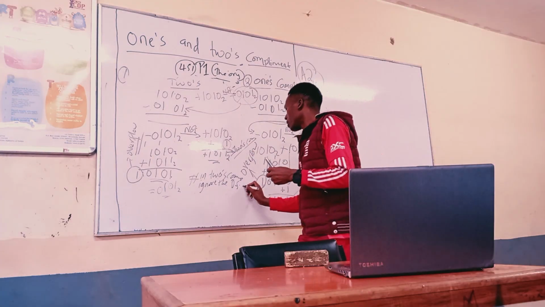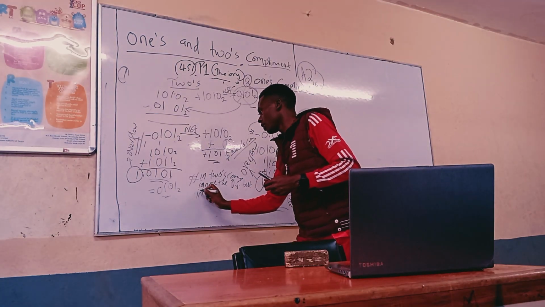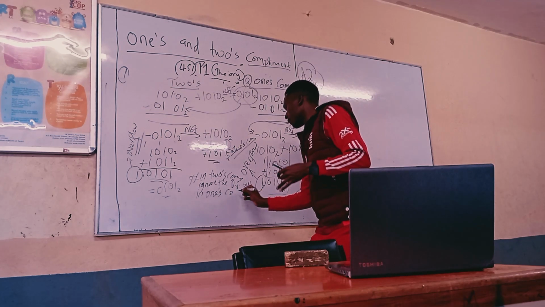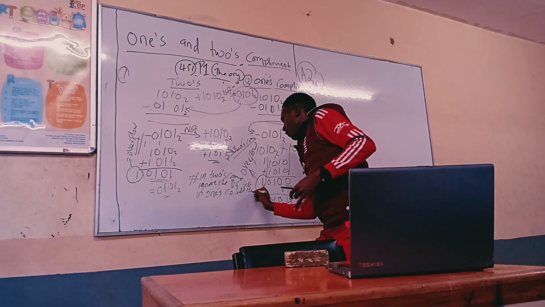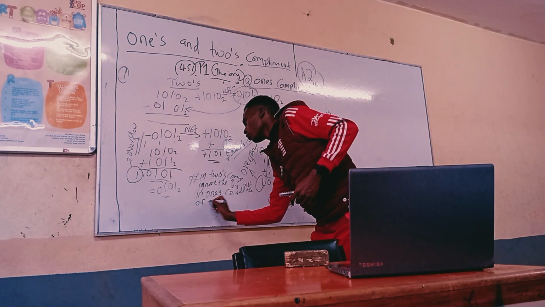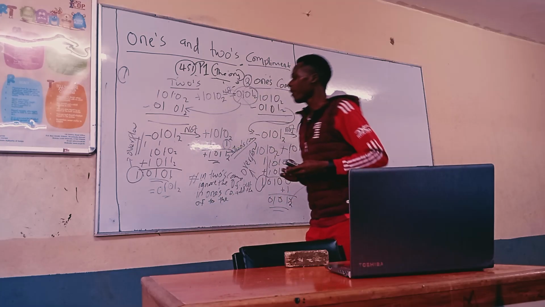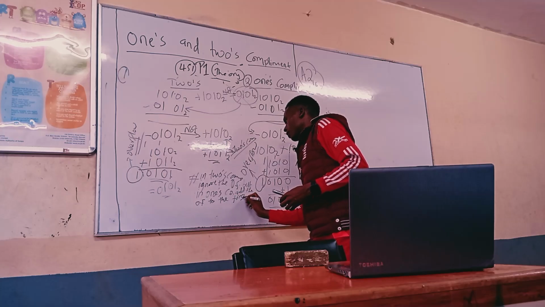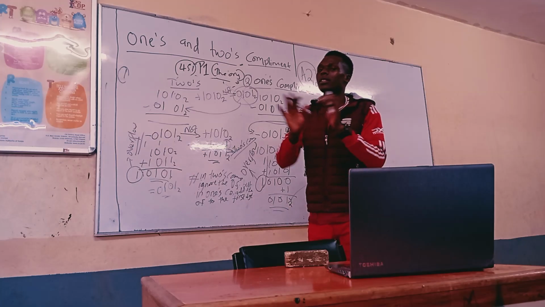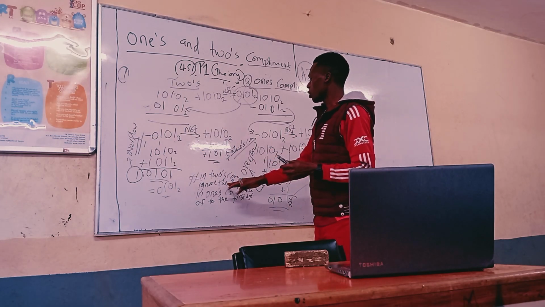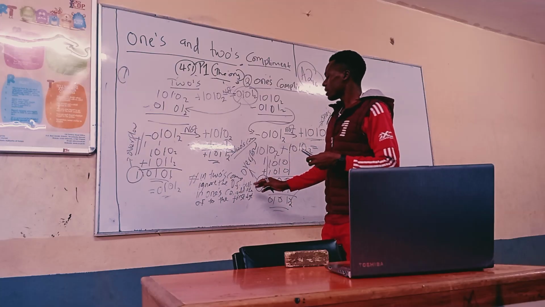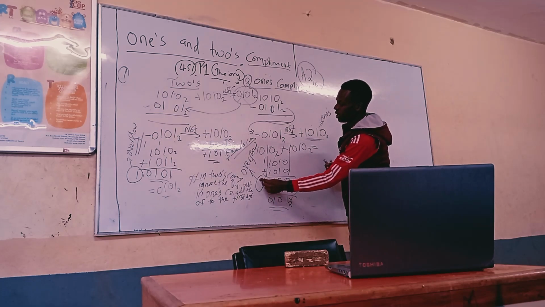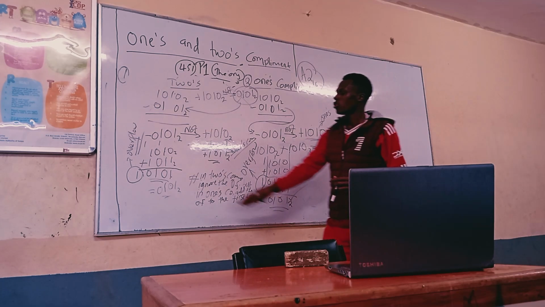But in 1's complement, add the overflow to the first digit. And that is it. So in 2's complement, ignore the overflow, but in 1's complement, add the overflow to the first digit. As we did it here, you take this one, add it here. But in 2's complement, you ignore it.